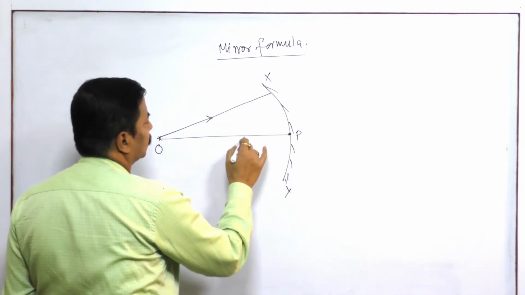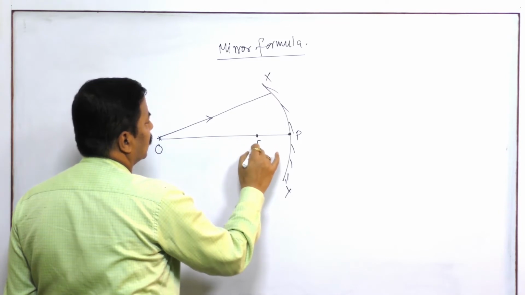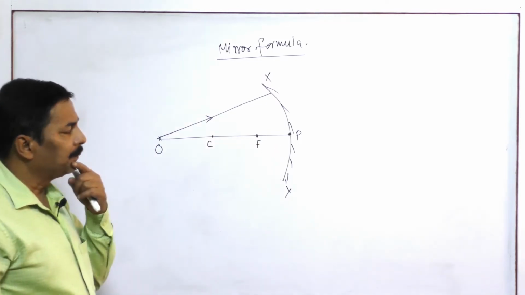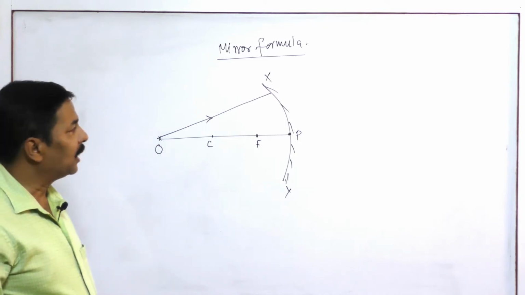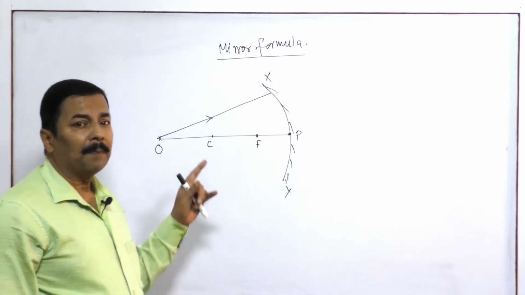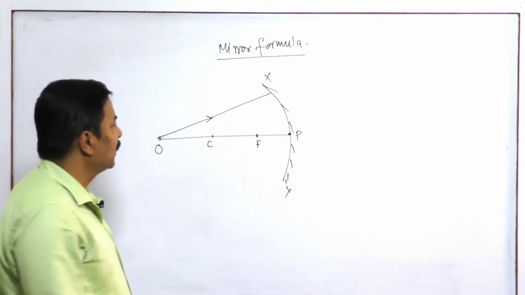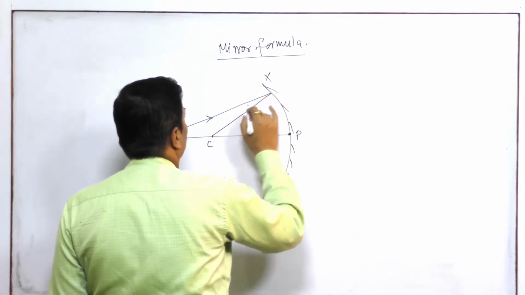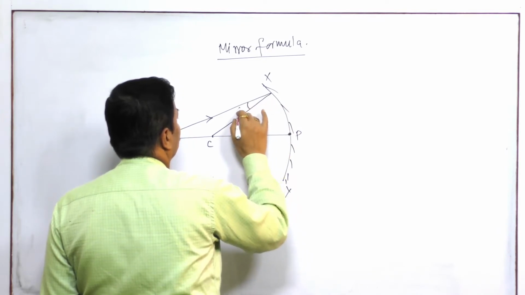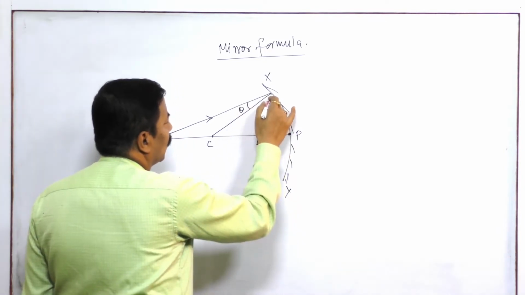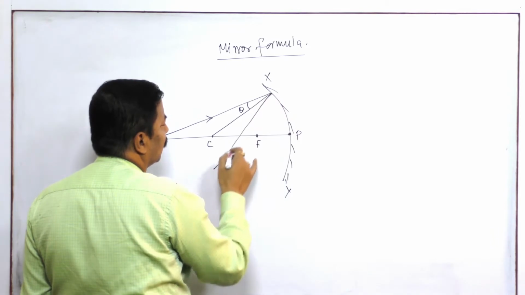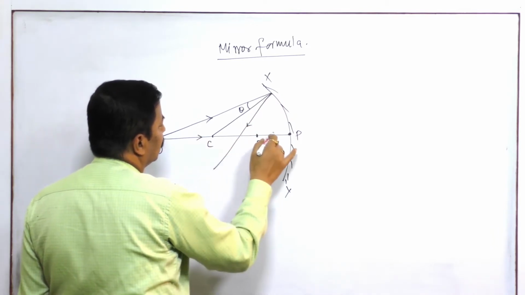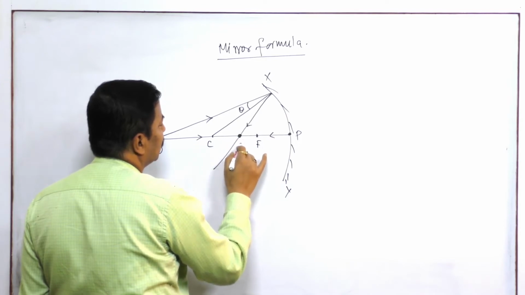Here is the focus and here is the center of curvature. The mirror formula that we will be deriving is valid for paraxial rays only. If we join this ray, then this will be the normal and this is the angle of incidence. One ray passing through the center of curvature will retrace its path, and here is the image that is being formed.